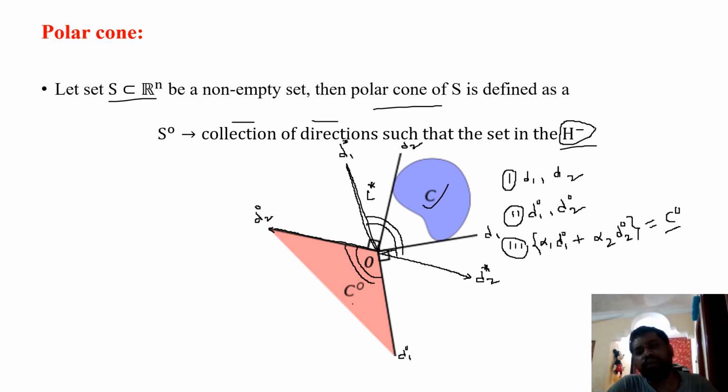So with respect to a given set, we get two very interesting kinds of cone: one is the dual cone C star, another one is the polar cone C naught. Both happen to be closed and convex cones. That is the beauty of constructing these special kinds of cone.